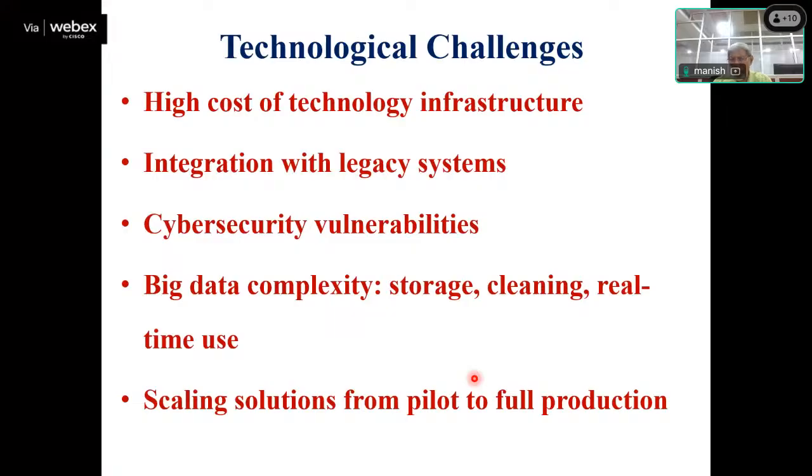Whenever we go for smart manufacturing technological challenges, we have to understand that the creation of a good technology infrastructure is itself a technological challenge. That means what kind of technology configurations are to be there, and what is needed for the specificity of a manufacturing item or manufacturing components.